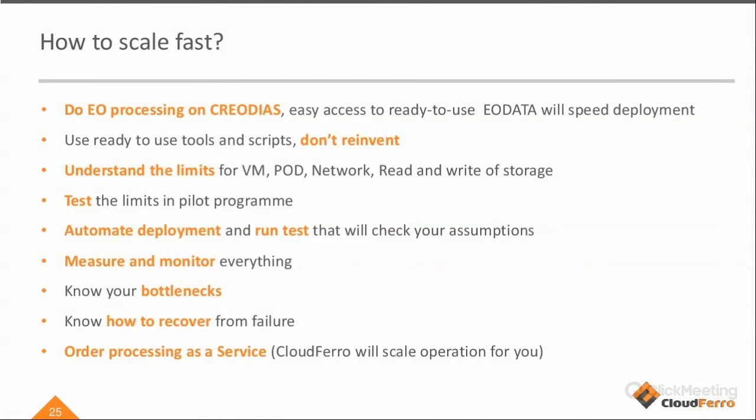We can process what you want and give you the end results, and you only order the end results, not the whole process. So this is sometimes easier: just order the processing from us.